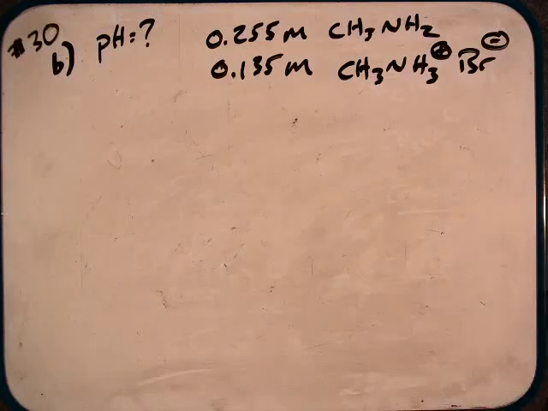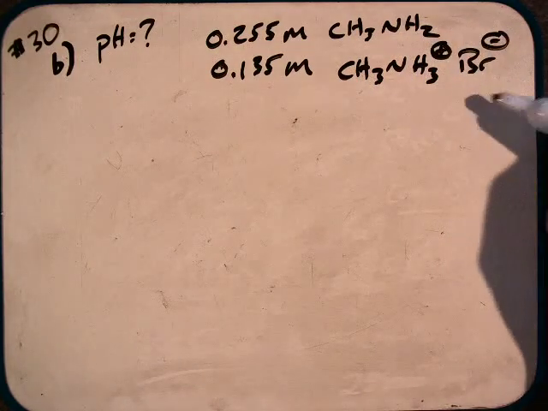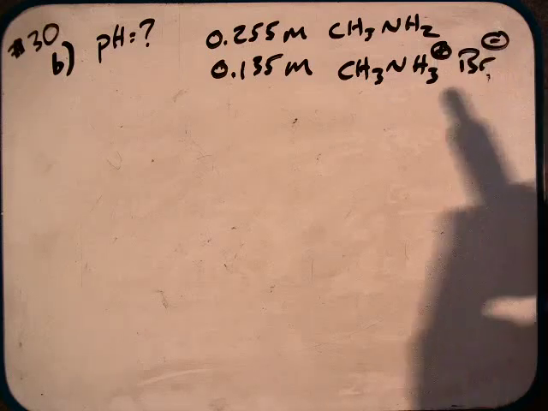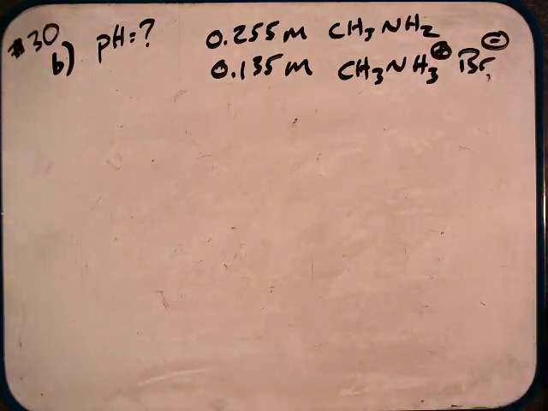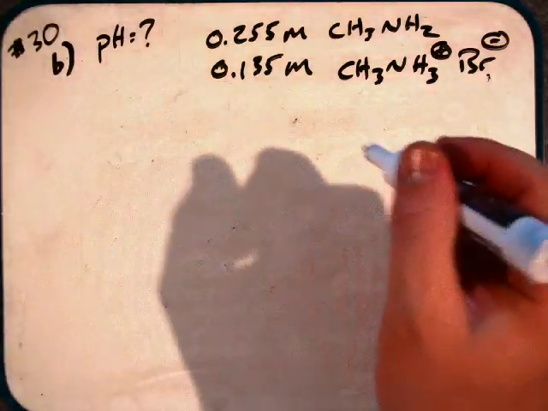So here we have the similar situation. We have a buffer, we have a parent and a conjugate. Our methylamine is the parent base. Our ammonium ion, or that positive nitrogen, is our conjugate acid. And so we have a buffer here. So we just want to determine the pH.